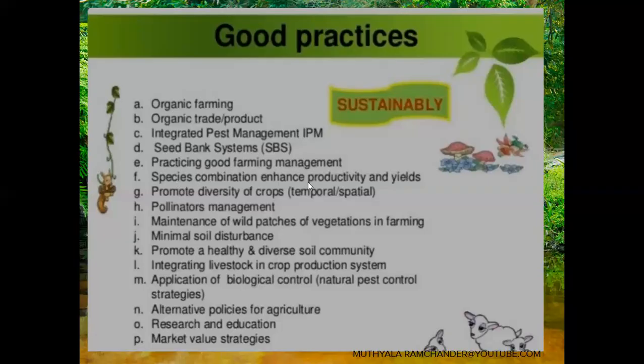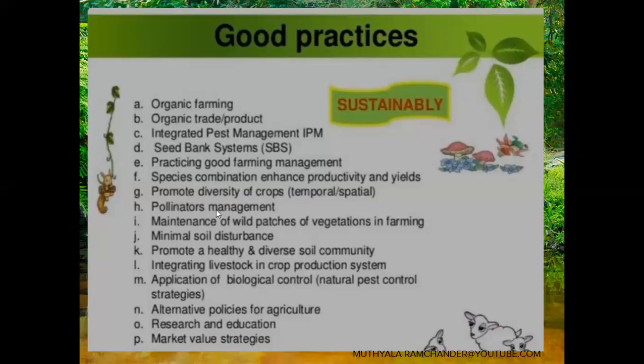And the species combination, we cultivate only one species naturally, but it is not a healthy condition for the good practices of agrobiodiversity. We cultivate different types of crops. The species combination also plays a major role for the enhancement of the agrobiodiversity. And promote diversity means crop rotation, or also called alternative policies for agriculture. We cultivate different types of crops in the rotation method.